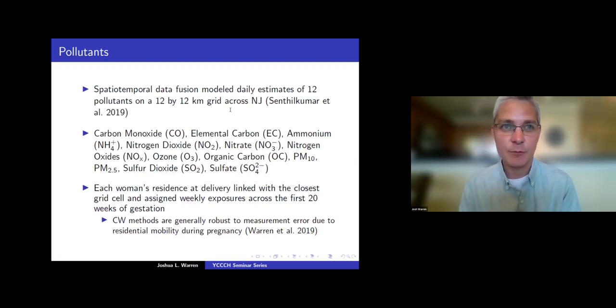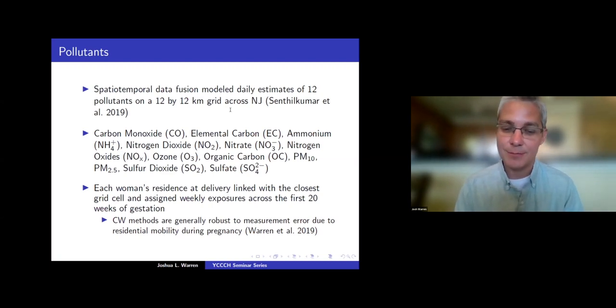I know there's always a lot of pushback on these birth records because we don't have residential mobility. We don't have a sense of how often people move, and we know moving differs by socioeconomic status, for example. There are a lot of factors that influence moving during pregnancy.